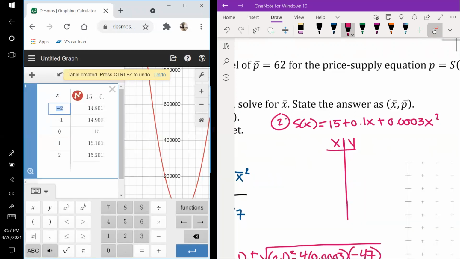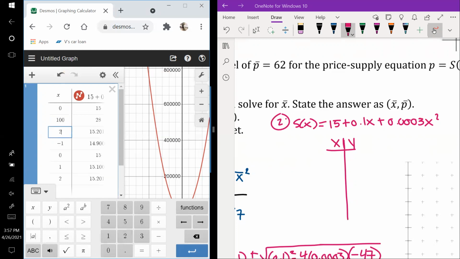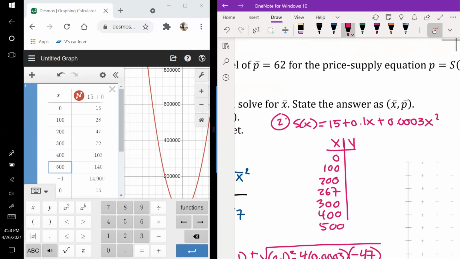Let's start at 0, and if my X bar value is 267, then let's go by hundreds again. 0, 100, 200, 300, 400, 500. Why not? We can stop there. Doesn't have to be perfect. 0, 100, 200, I'll put in my X bar value of 267, 300, 400, and 500.